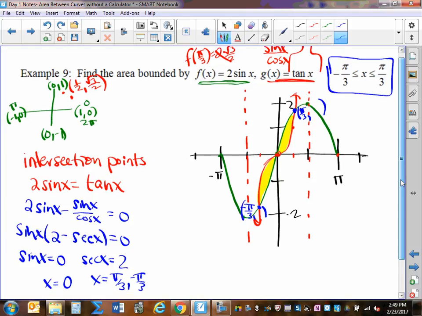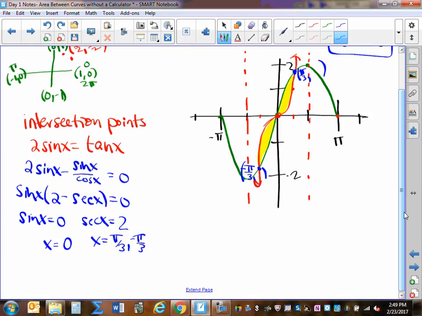Okay, enough of that. Let's do this. Oh, looky there. Don't we have 2 different regions and the top function flip-flops? So we have from negative pi over 3 to 0. What's my top function here? The red one, which was tangent.